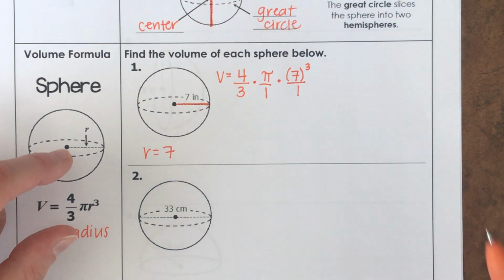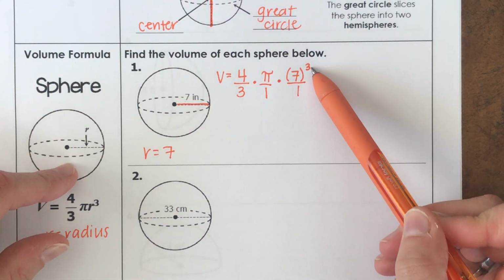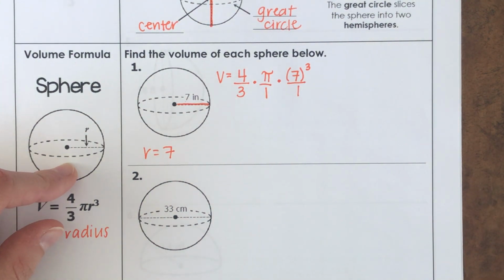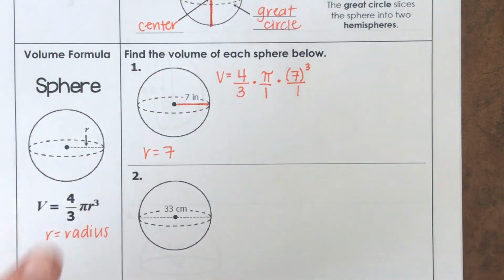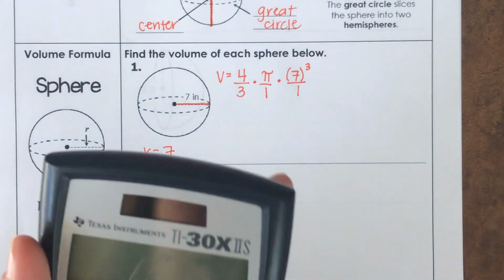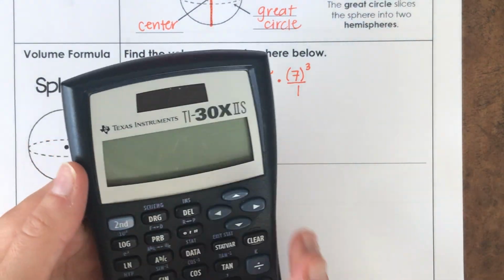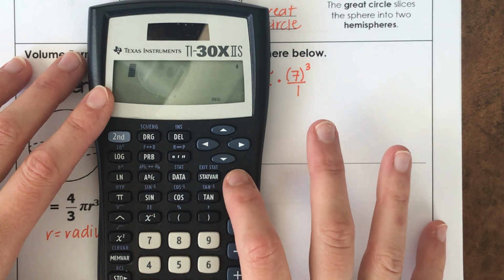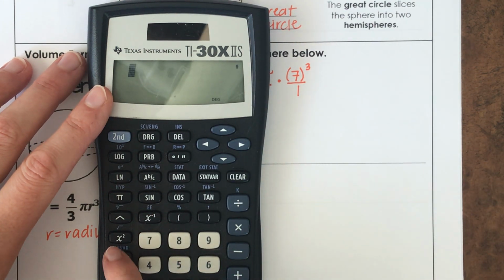The first thing I'm going to do is 7 cubed, because order of operations says I have to do exponents first. 7 cubed means 7 times 7 times 7. On your phone, you might have a cubed button, like an x with a little cube.